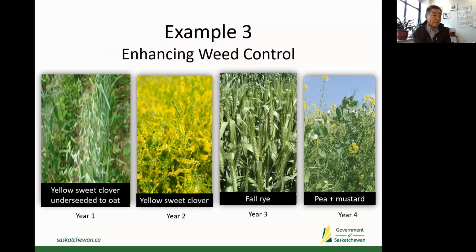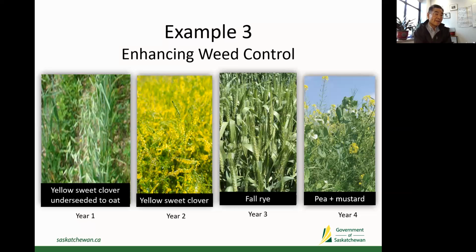use intercrop to enhance weed control. And I have been telling this story for some time. Like year one, you actually grow an underseeded cash crop.